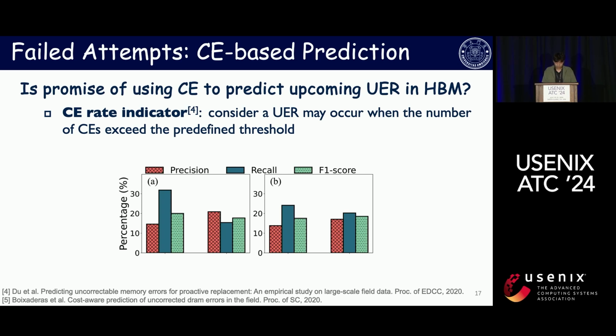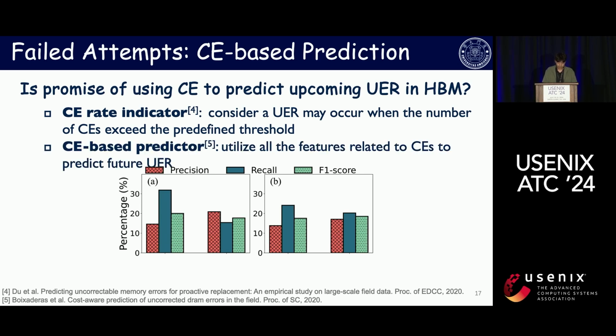First, we try the CE rate indicator, which predicts a UER may occur when the number of CEs exceeds a predefined threshold. We set this threshold to 500 and 1,000 as used in recent studies. Unfortunately, the results show that these thresholds are not effective, with precision and recall only about 30%.